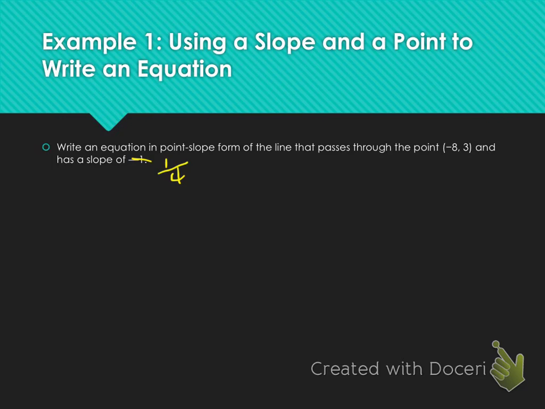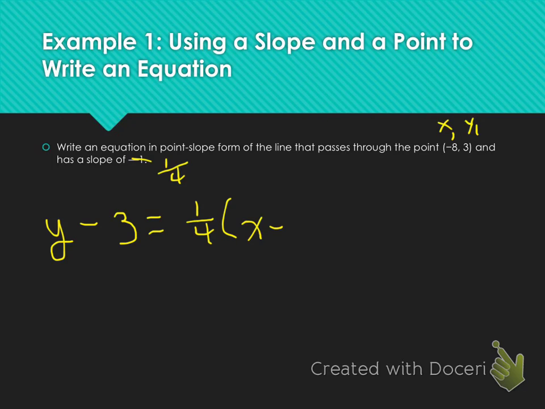So our solution here is we have that equation y minus y1, and remember we have x1, y1, so my y1 is 3 here, equals my slope, which is 1/4, times the quantity x minus my x1, which is negative 8.